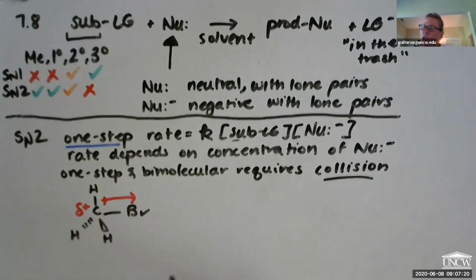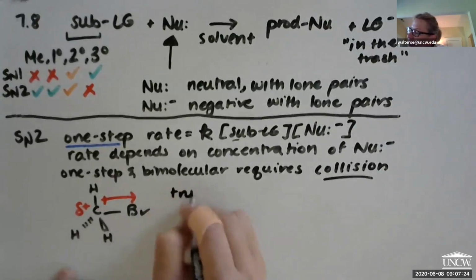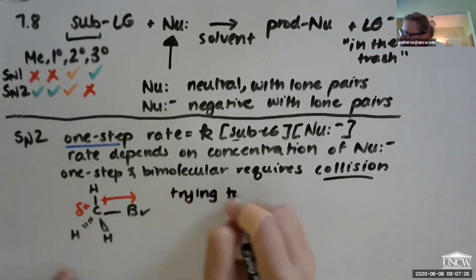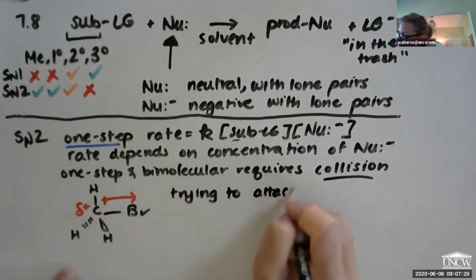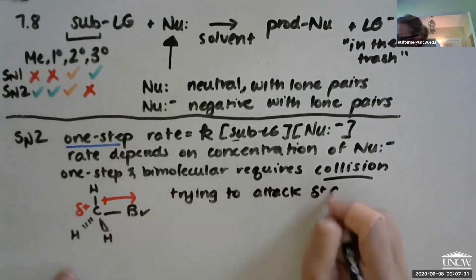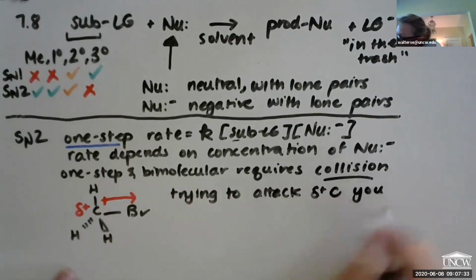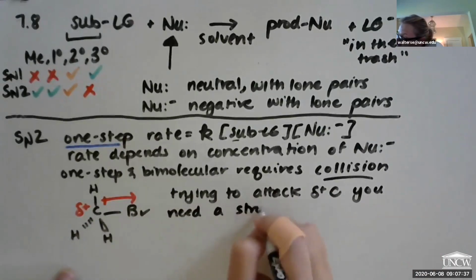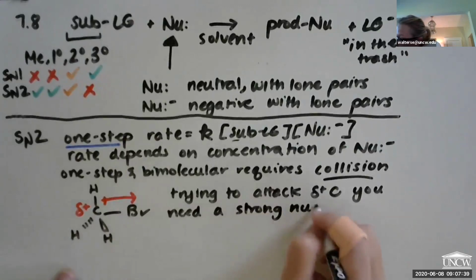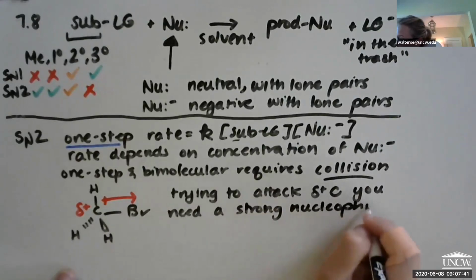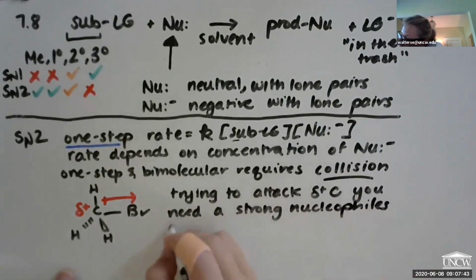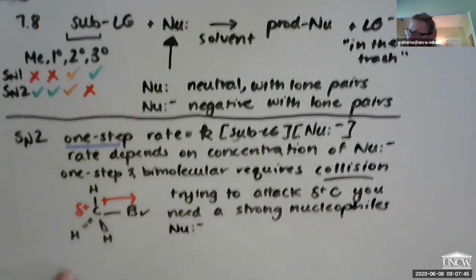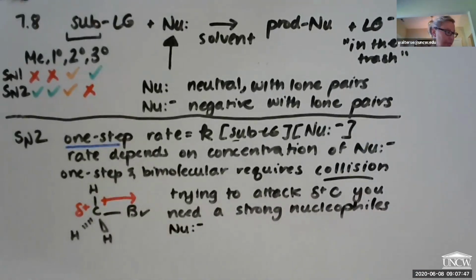So when you are trying to attack a partially positive carbon, you need a strong nucleophile. And strong nucleophiles are characterized by having a lone pair and a charge.